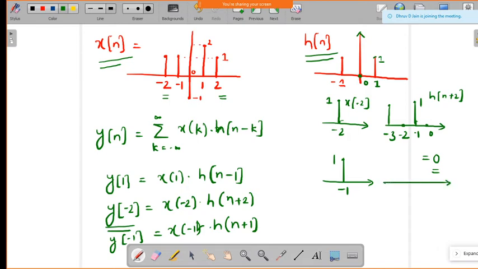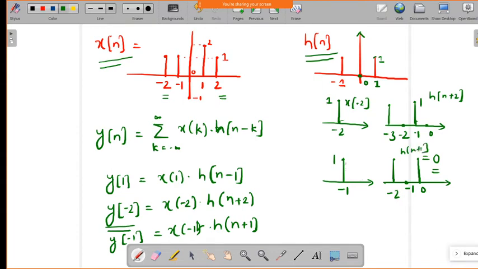Similarly, h of n plus 1 means it is only shifted by 1 unit, so at minus 2 you will get 1, at minus 1 you will get 0, and at 0 you will get 1. Okay, so now this is your h of n plus 1.